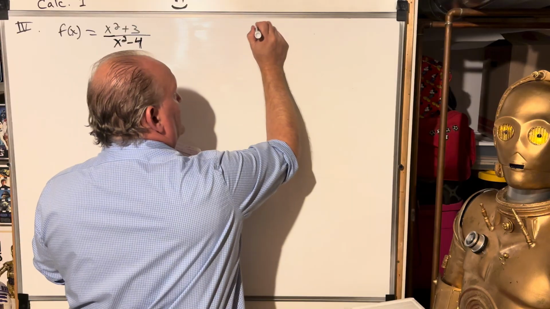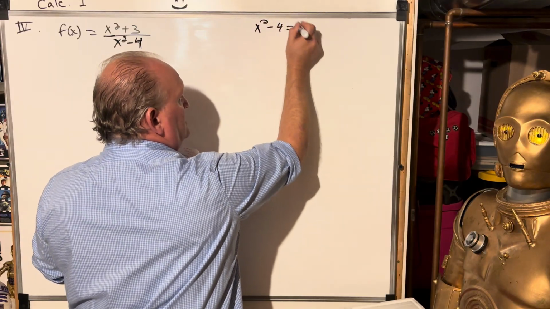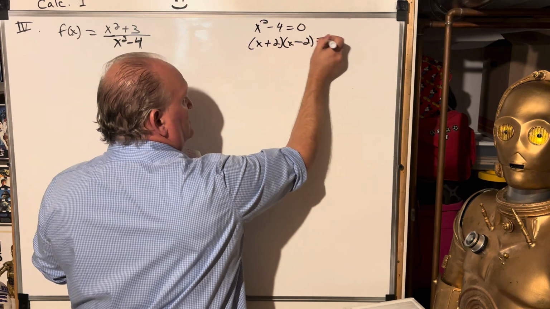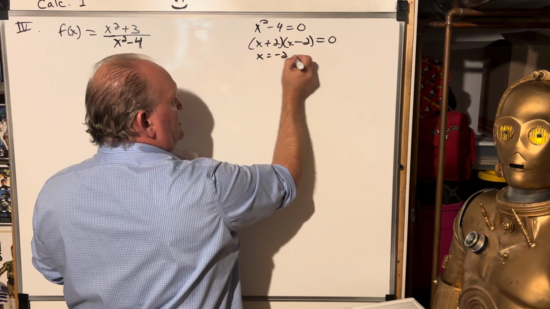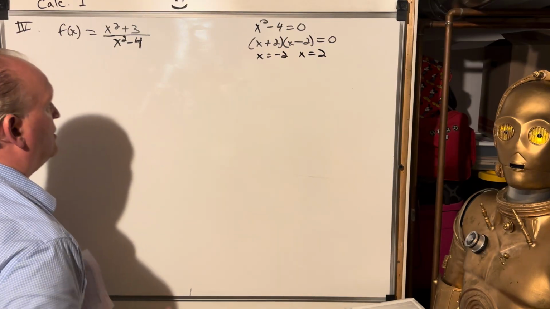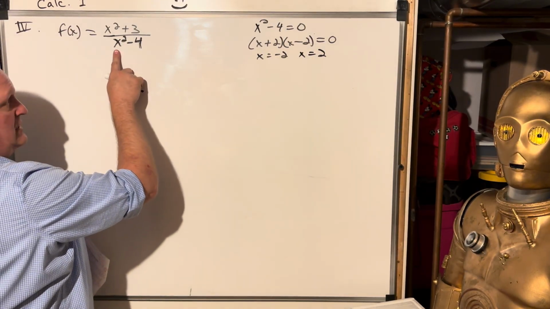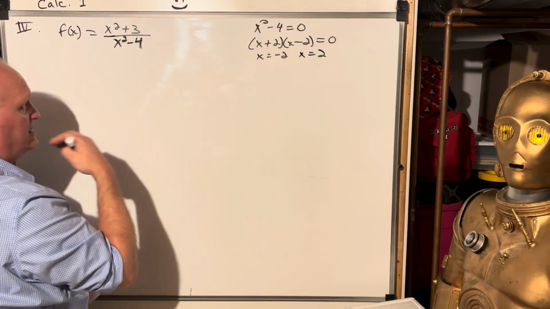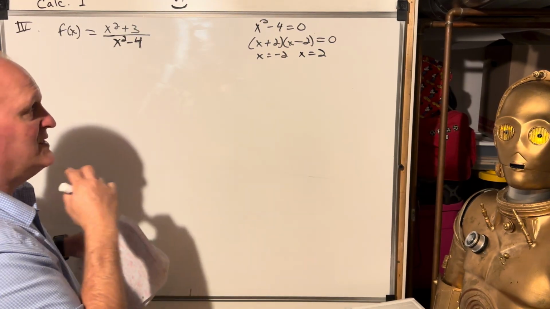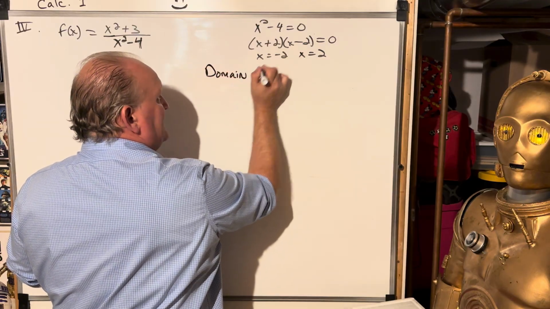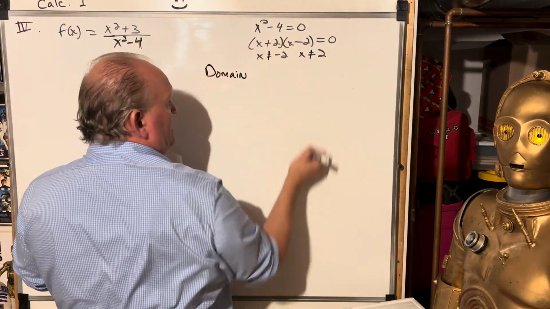So if we say x squared minus 4 is equal to 0, and then we factor, x plus 2, x minus 2 equals 0, that means x equals -2 will create a 0, and x equals +2 will create a 0. So if I put in 2 or -2, it'll make the bottom 0, which creates a vertical asymptote, which gives us domain restrictions. And so it can't be that number. It can't be that number.